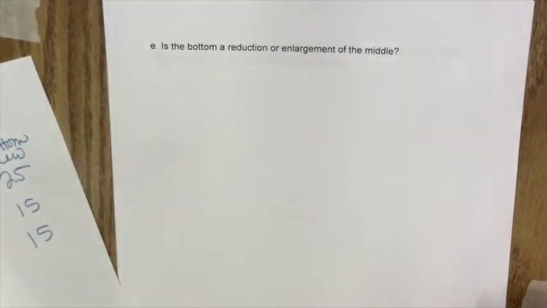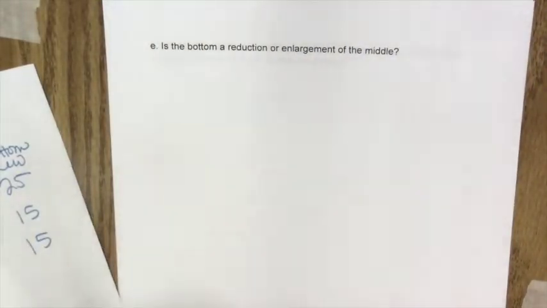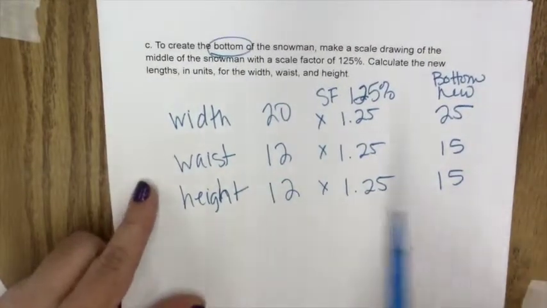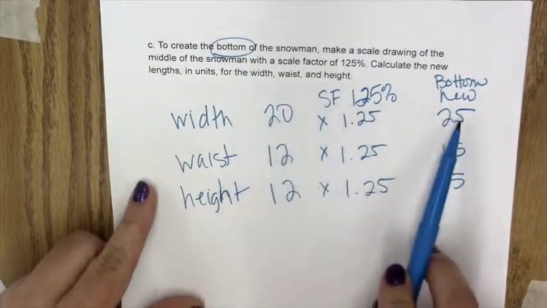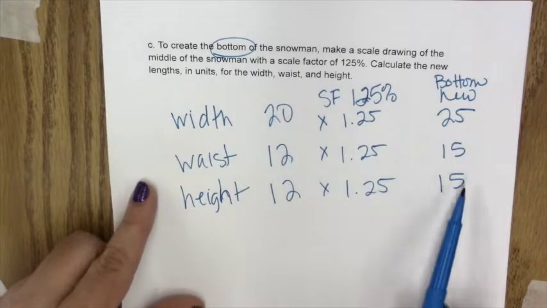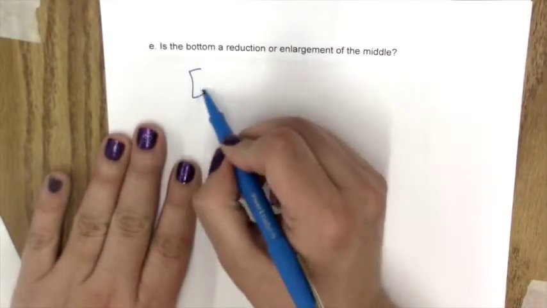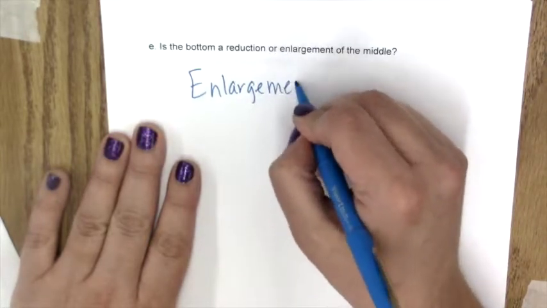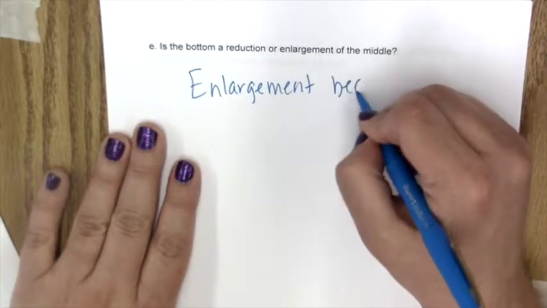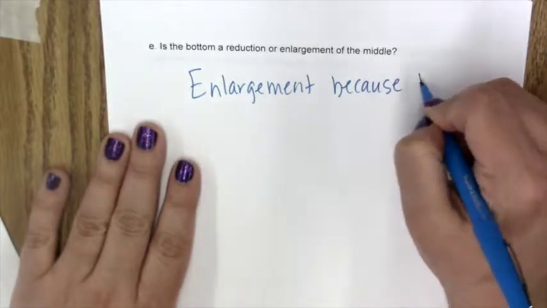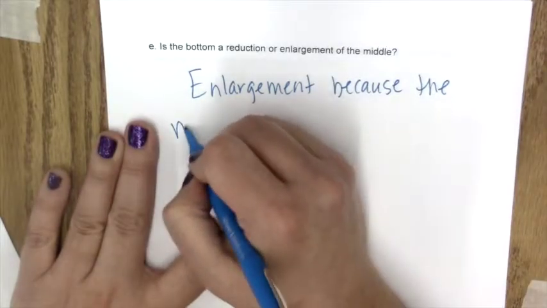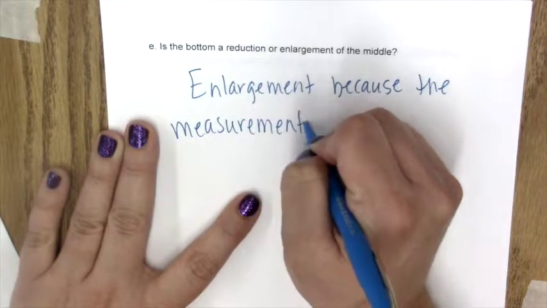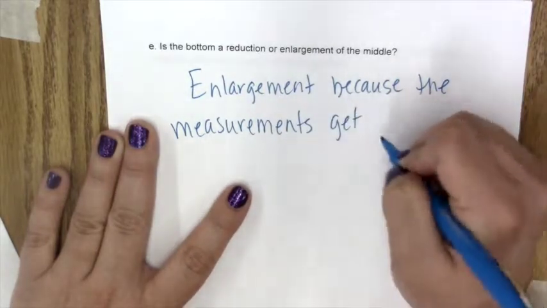All right, our next question says, is the bottom a reduction or an enlargement of the middle? So if we go back to our measurements for the bottom, these measurements are getting larger, which would make this an enlargement, because the measurements get larger.